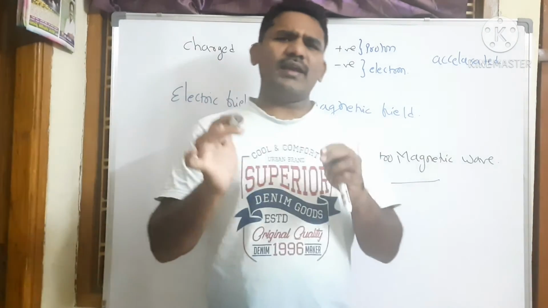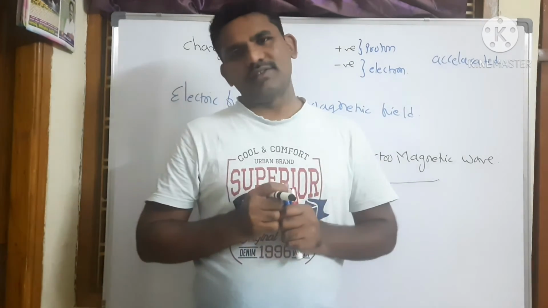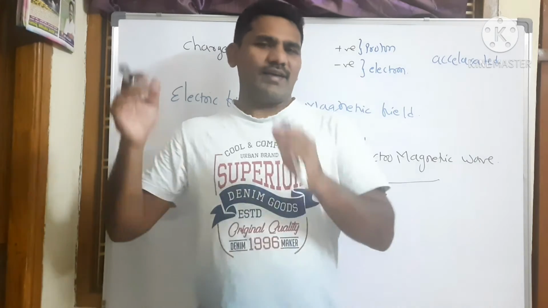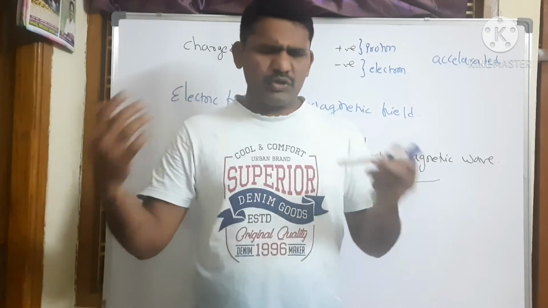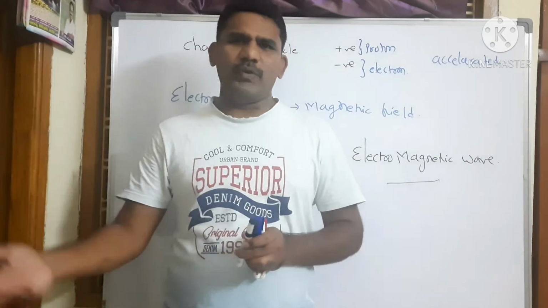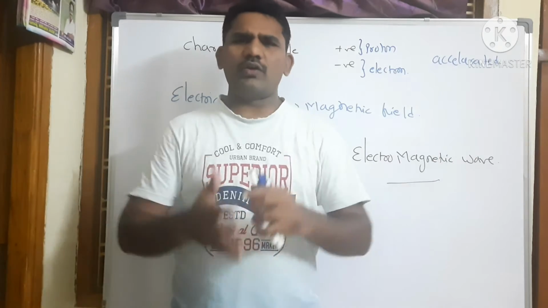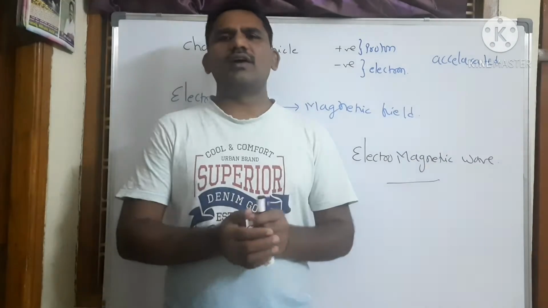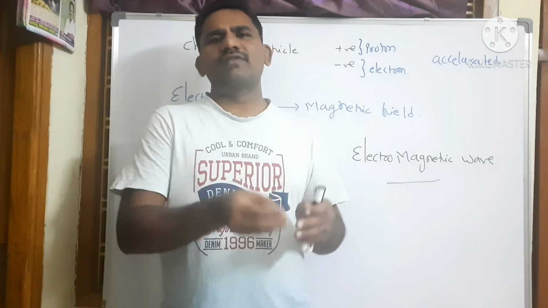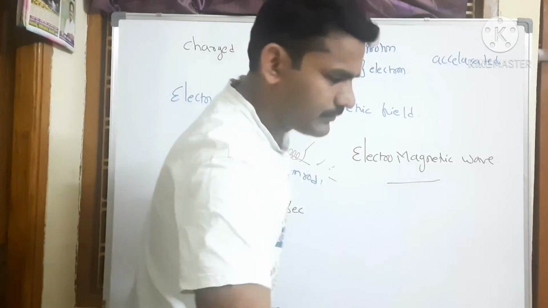Every electromagnetic wave possesses certain characteristics. There are many characteristics, like amplitude, frequency, wavelength, wave number and others. We are not going to discuss all those properties, but we are concerned with a few properties of this electromagnetic wave.